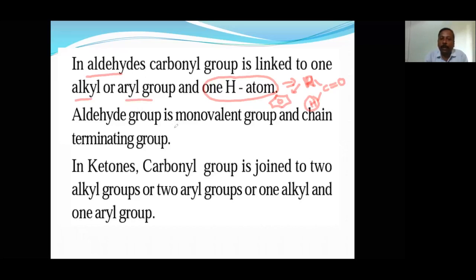Aldehyde is monovalent. Monovalent means CHO can form only one bond. Mono means one, valent means bond. CHO aldehyde is a monovalent and terminating group. It is always found at the end of the functional chain.